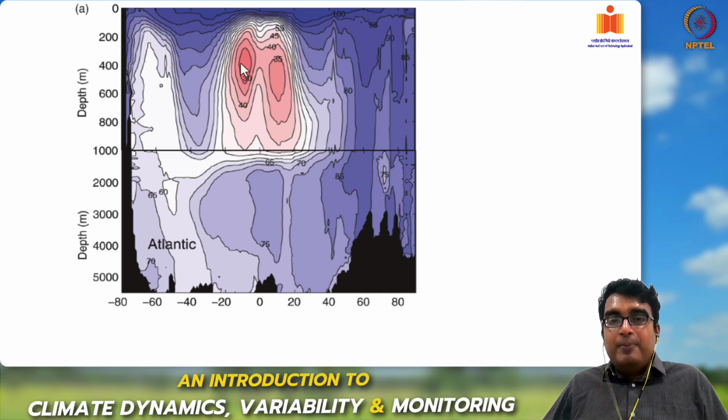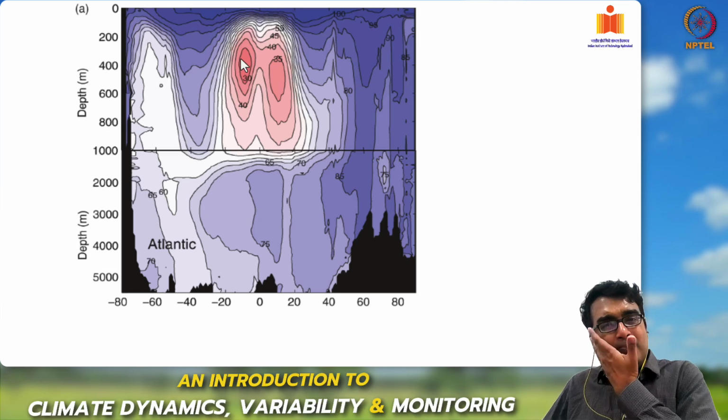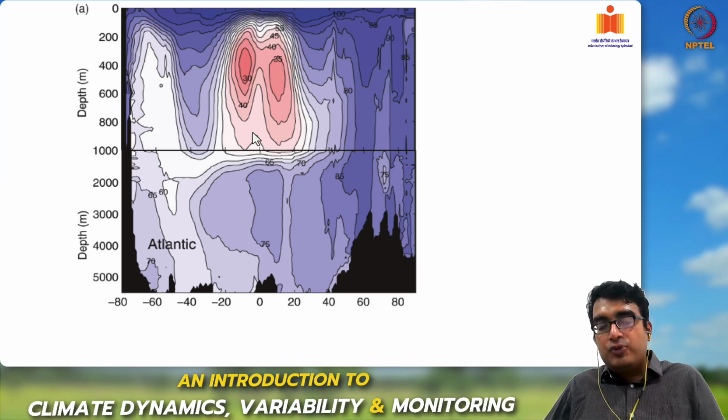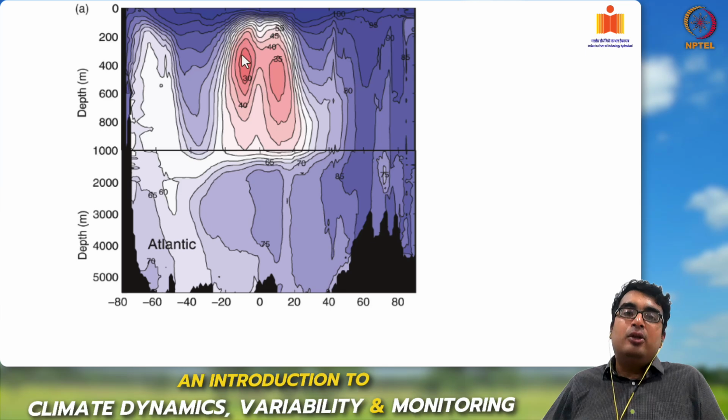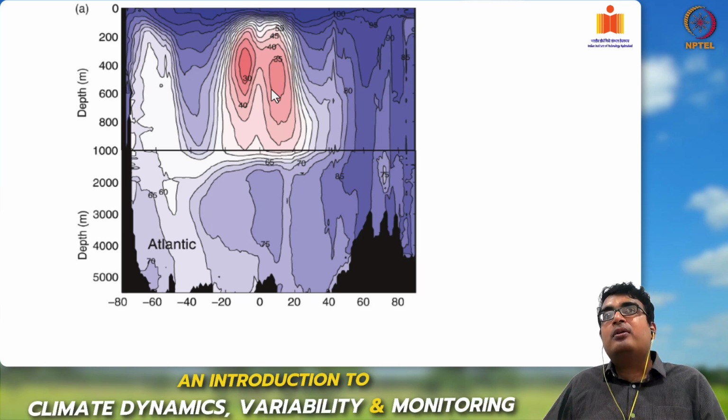So the subtropical thermocline region between 200 meters to 1000 meters in the North Atlantic and the South Atlantic have the most oxygen depleted water among the entire Atlantic Ocean, showing that these waters have not been to the surface for a very, very long time.